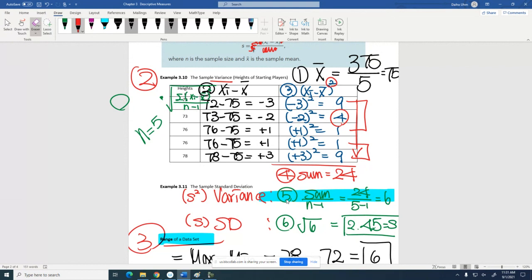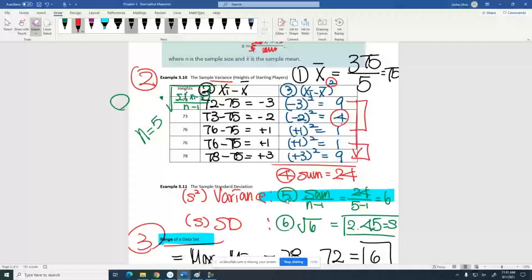Why do we have to take the square root to get another value? It's another name of the statistics. But you know the meaning, when I want to measure the variation, it's the same thing, right? The variance and the standard deviation are the same thing. But why do we need step 6? Any idea why?